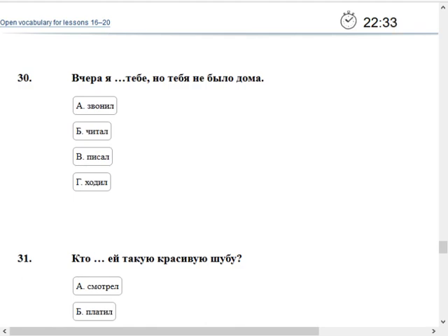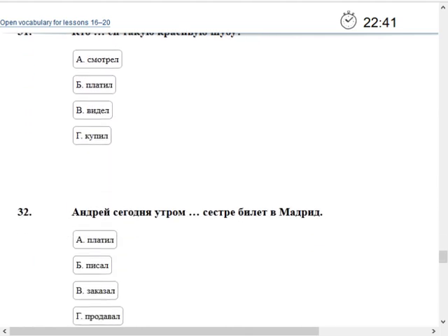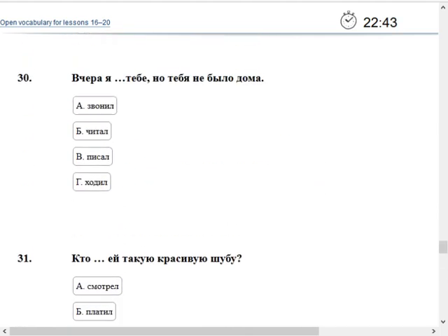Вчера я. Okay, this is about past tense of verbs. We have just 3 questions on this test about this. I should probably explain how this works because I don't think we covered this very thoroughly, but this is basically how you make past tenses based on whether it's ya or an or ana or mi.